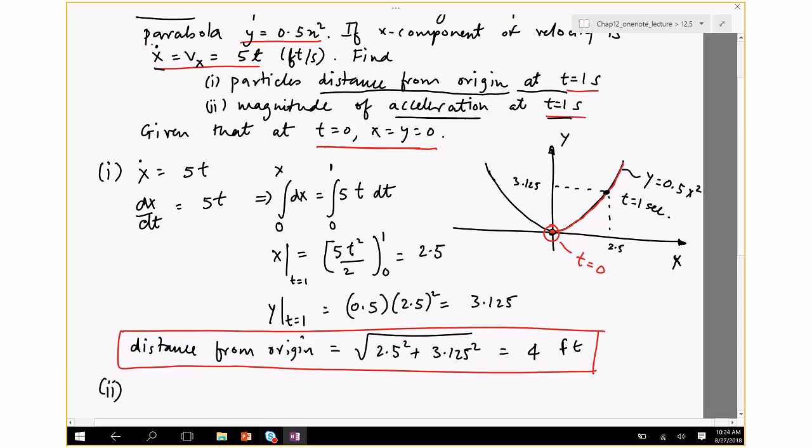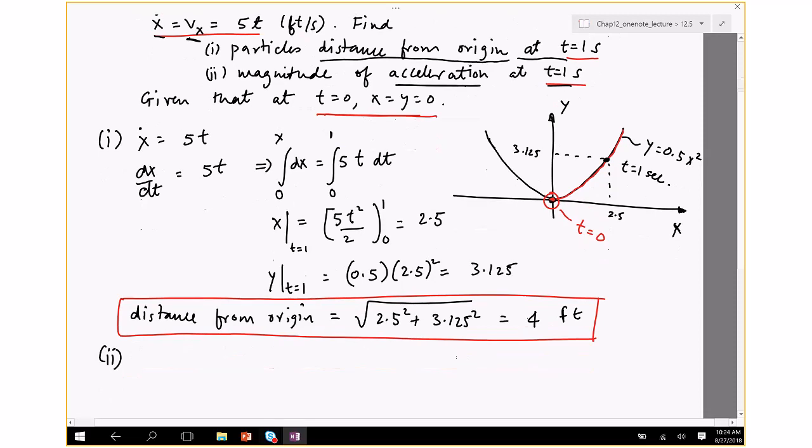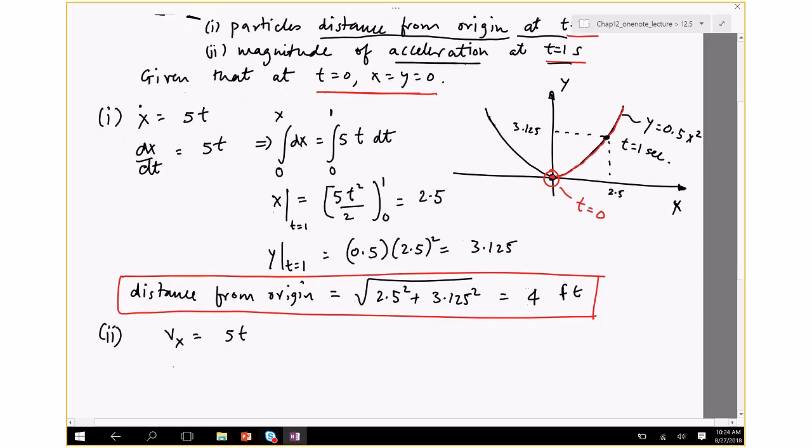Okay, we know the velocity Vx. We do not know Vy. Let's see if we can solve for Vy too. Vx is 5t. So to find the acceleration in the x direction, I've got to do ax equals dvx dt equals 5. Okay.